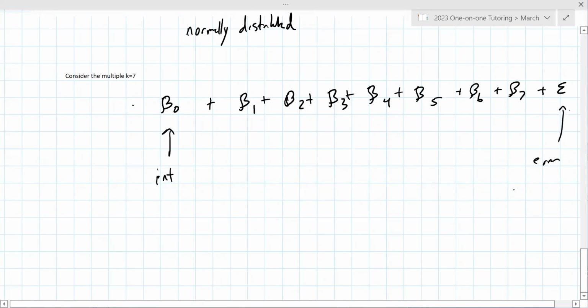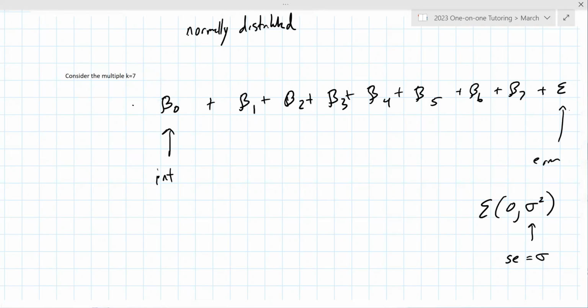And you are estimating the error term, which is always mean 0 and sigma squared. So the way I interpret your notes is the standard error is the sigma. Yes. Okay, that I understand.